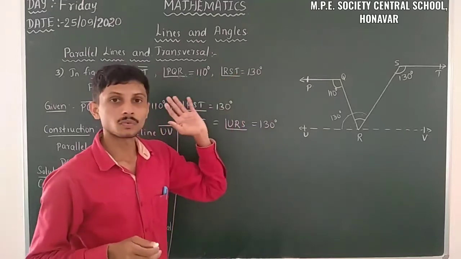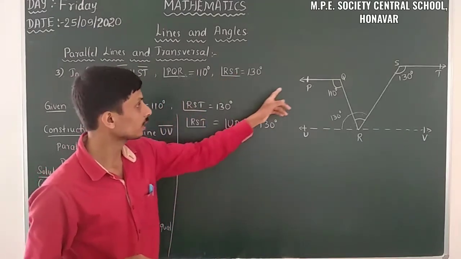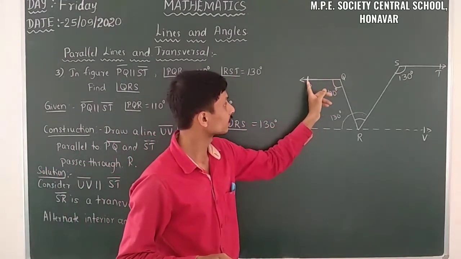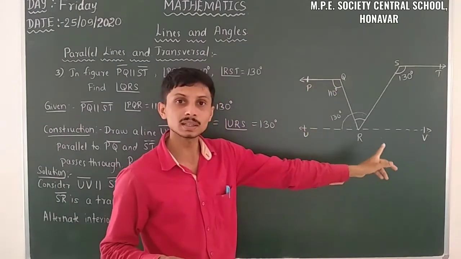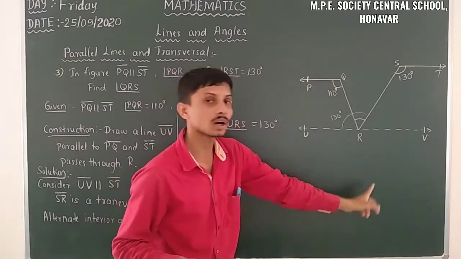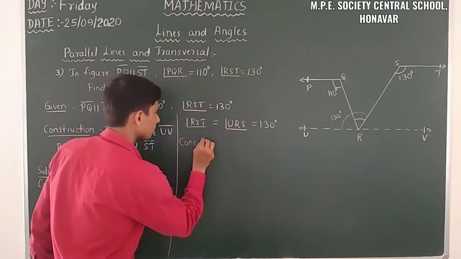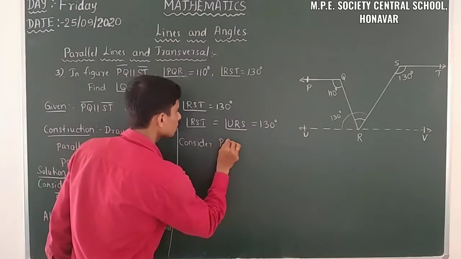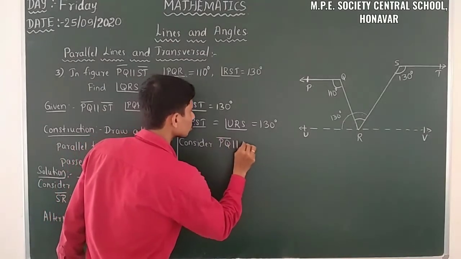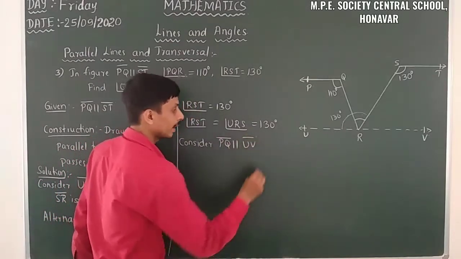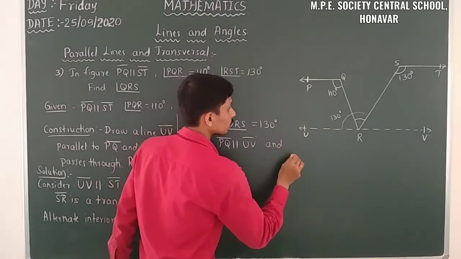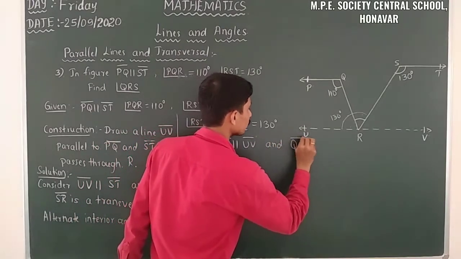So here, consider PQ parallel to UV and QR a transversal.